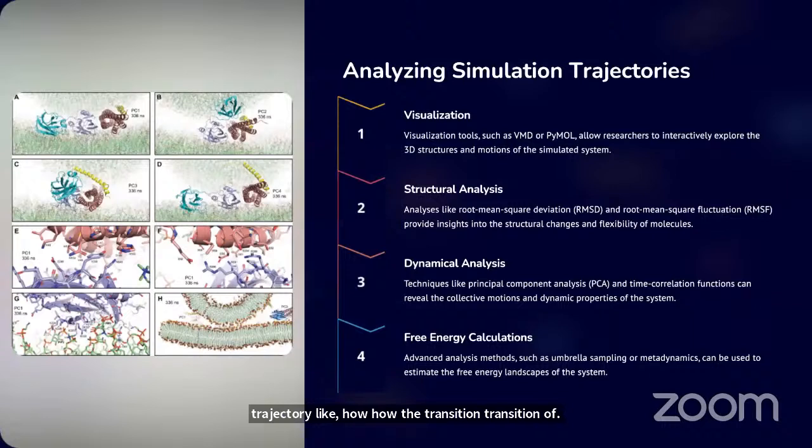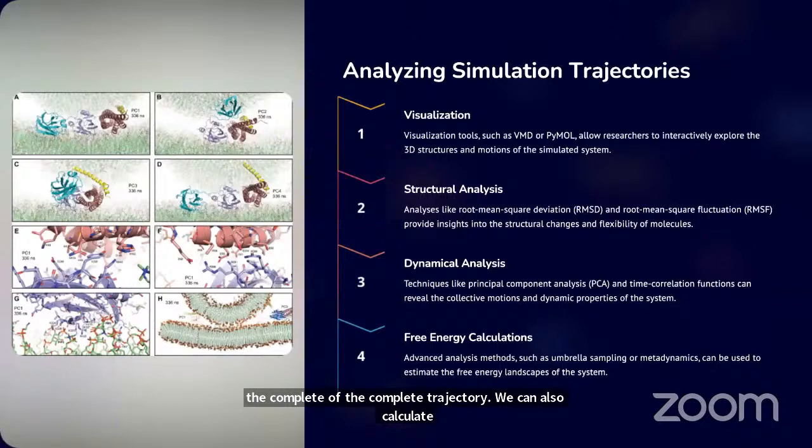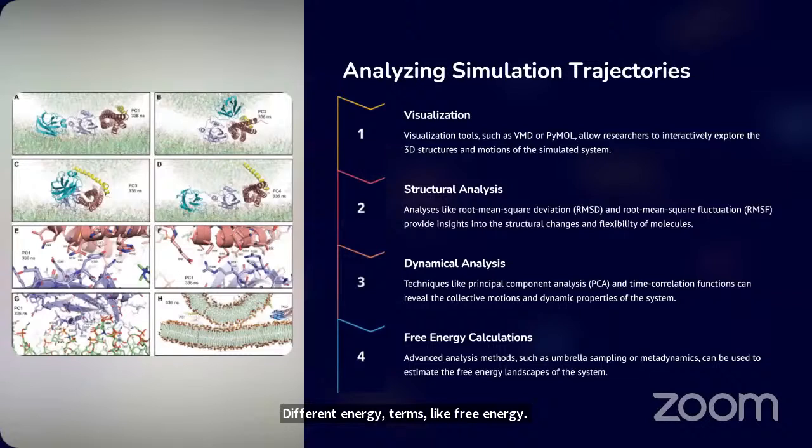Then we can also analyze the structural stability of the complete system. We can see different states of the system from the complete trajectory. We can also calculate different energy terms, like free energy of the simulated system, or binding energy between protein and ligand.